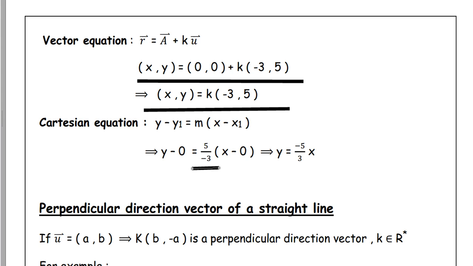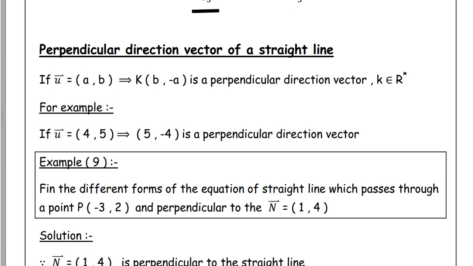Perpendicular direction vector of a straight line: if the direction vector is (a, b), then (b, negative a) is a perpendicular direction vector. How did we get it? As we said before, if the slope of the straight line is a over b, then the slope of the perpendicular straight line is negative b over a.